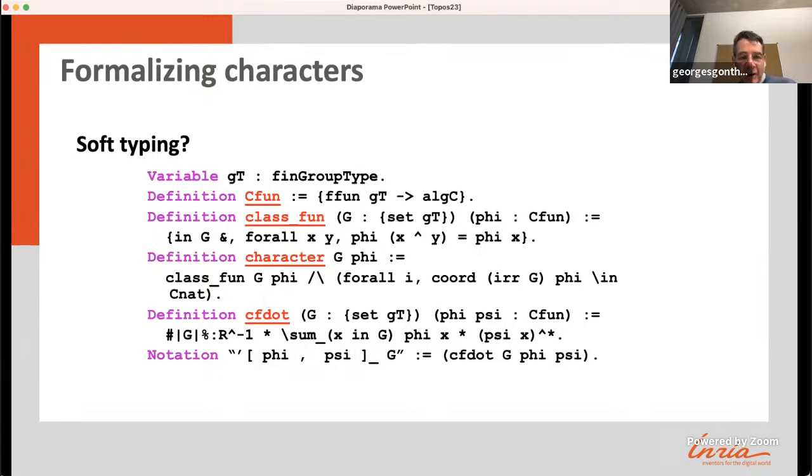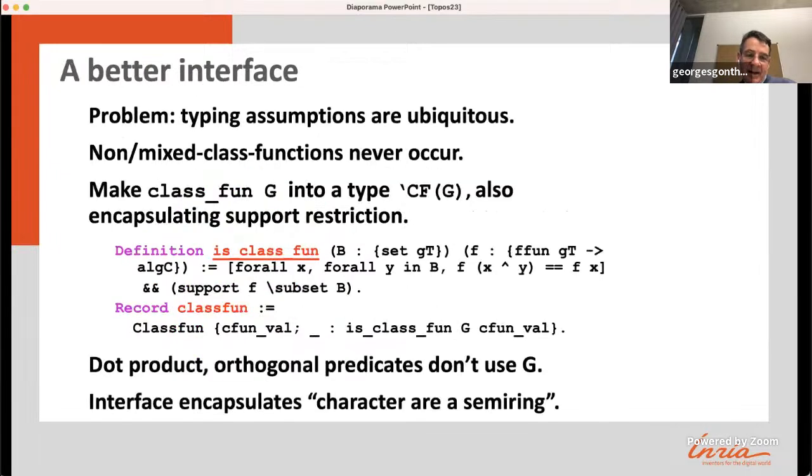If you define characters this way, in the same way as you define groups, then life is going to be painful, because you will end up having to specify every time the group over which you want to do geometrical operations like computing dot products. If you're a little smarter, you can make an intermediate interface for class functions.